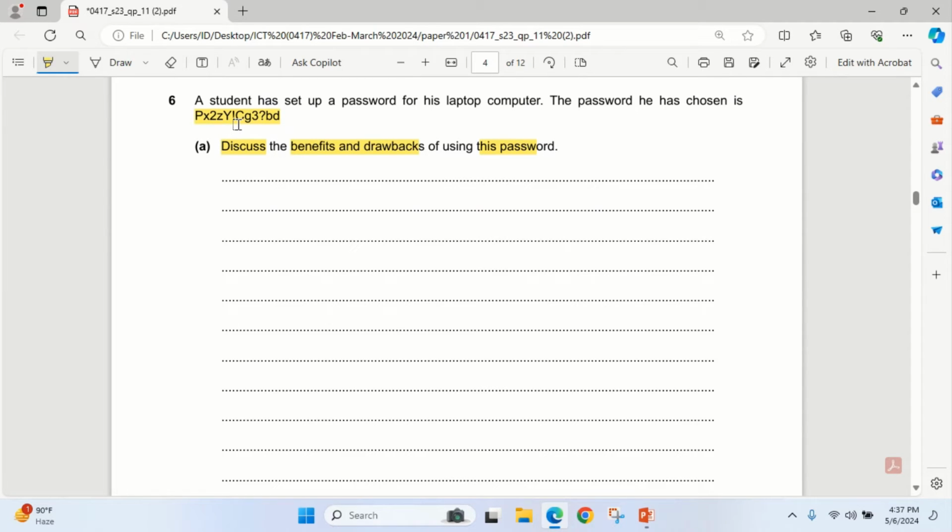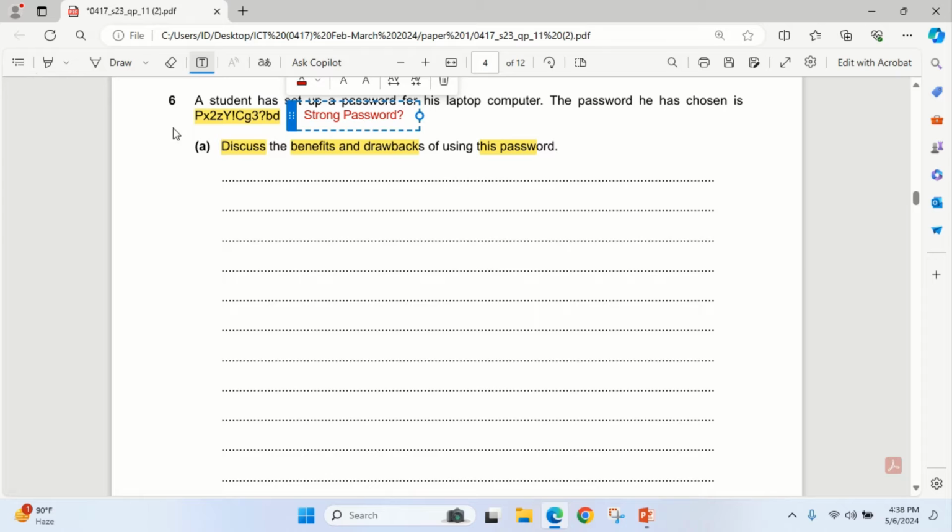We have talked about different types of password, and we said we have weak and strong password. So then if you look at this, is it a strong password, or is it weak? Yes, it's a strong password.